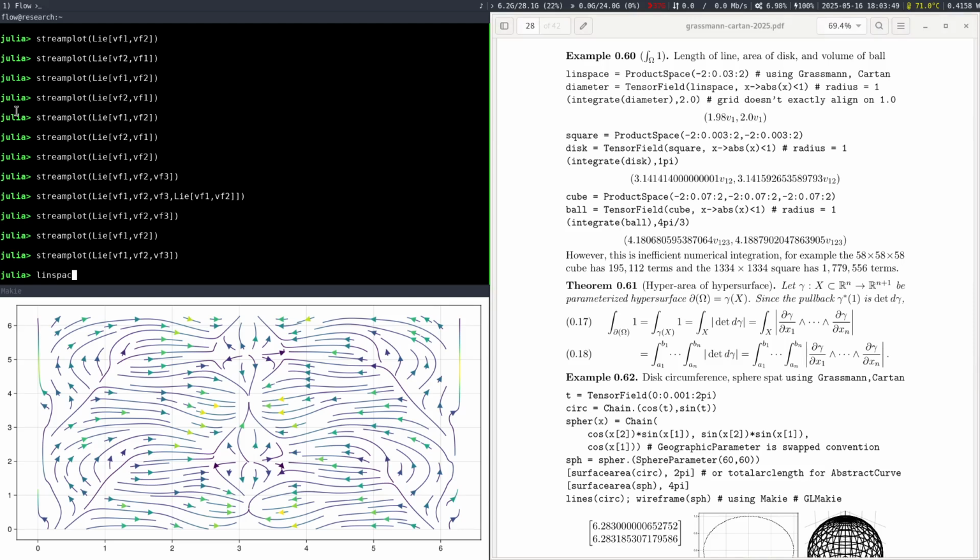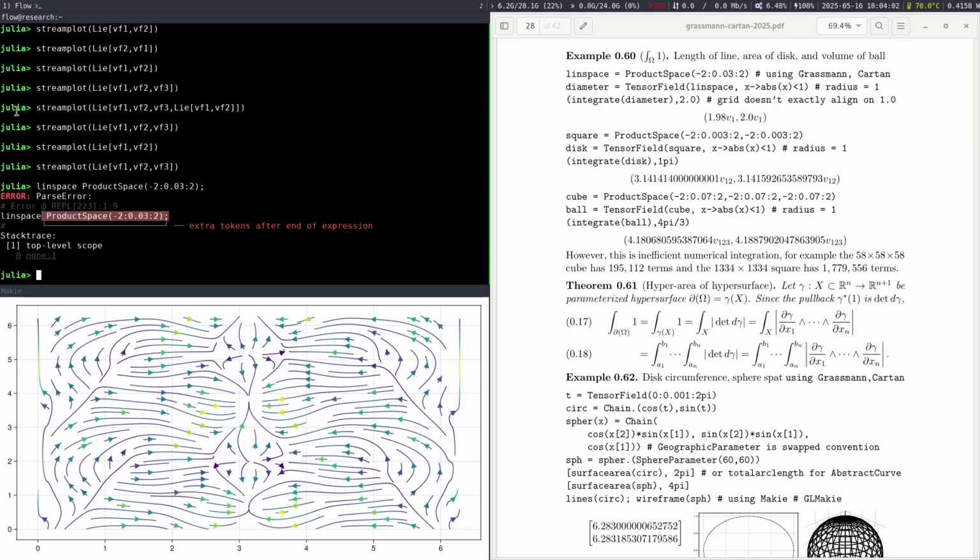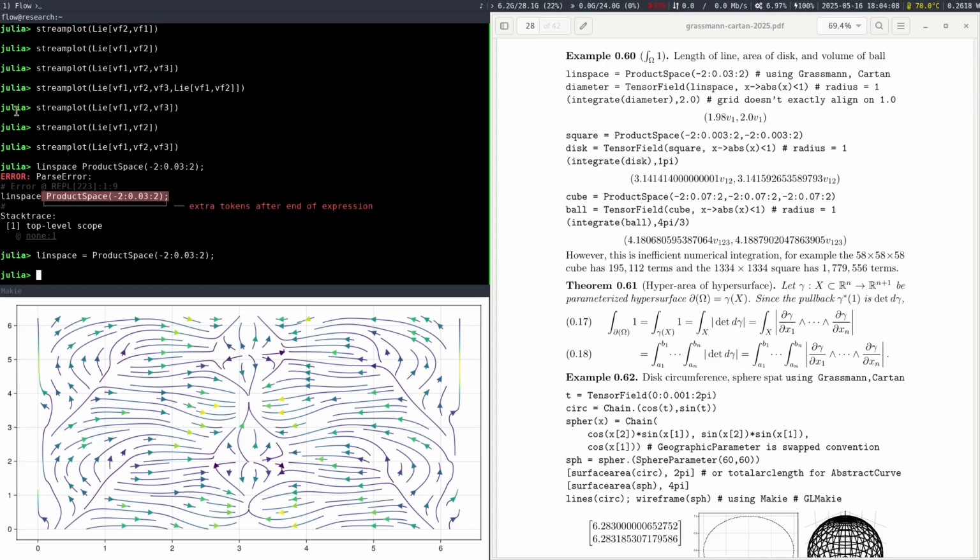Let's create some kind of linspace type of thing. From -2. Oh, I need the equal sign, of course. Then we can make a diameter like this.